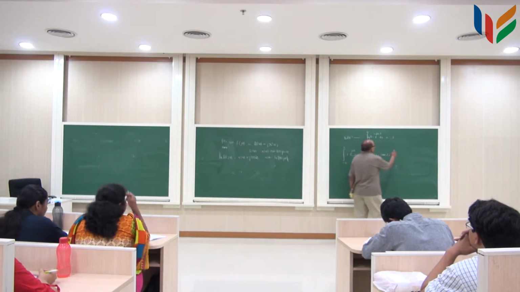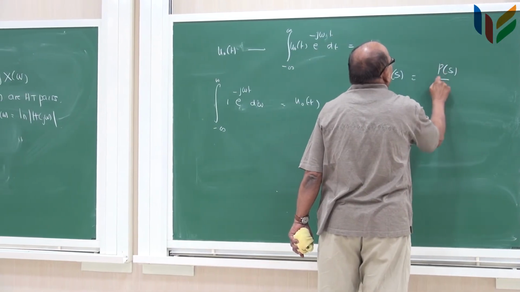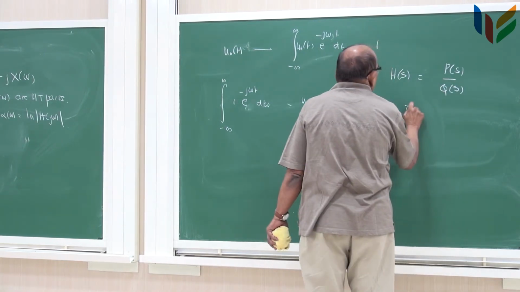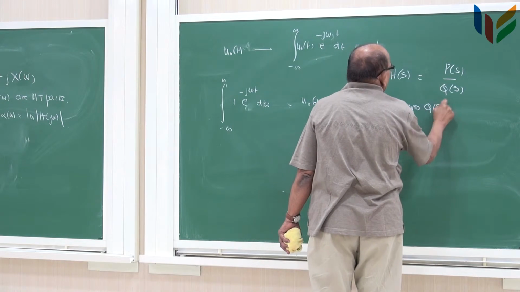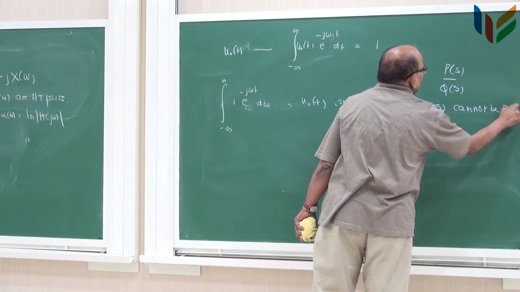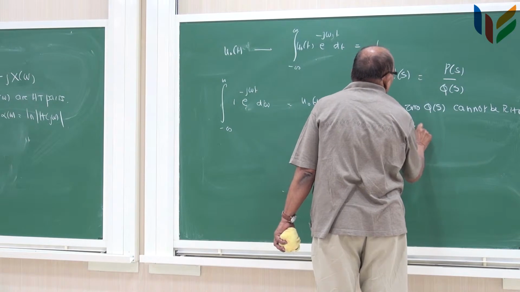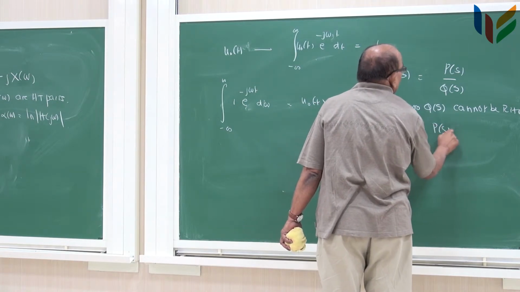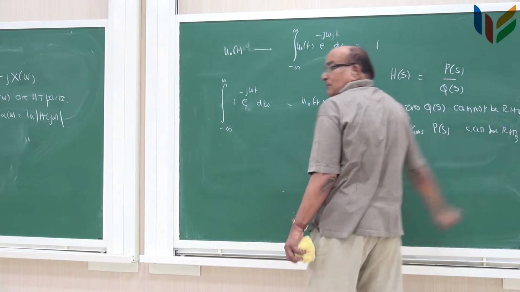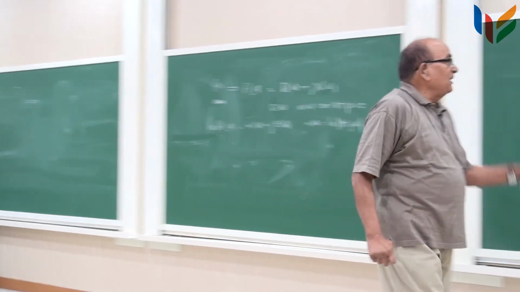Remember, the transfer function H(s) is equal to P(s) by Q(s). Since it is a transfer function, the zeros of Q(s) cannot be in the right half plane. But zeros of P(s) can be in the right half plane. This is what we learned from 101. Now, I am taking log of this.